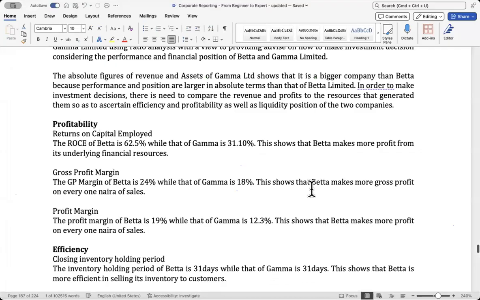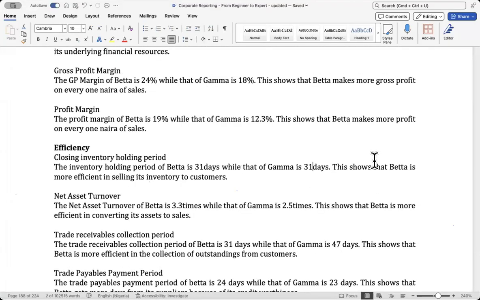And the lower the better for holding period. So this shows that Beta is more efficient in selling its inventory to customers. Then net asset turnover. I said the net asset turnover of Beta is 3.3 times, Gamma is 2.5 times. It shows that Beta is more efficient in converting its assets to sales, because that's what net asset turnover means. Then trade receivables collection period.